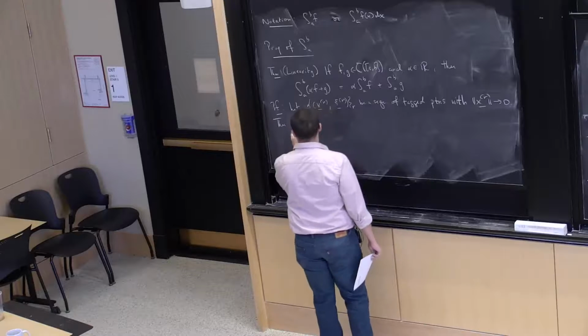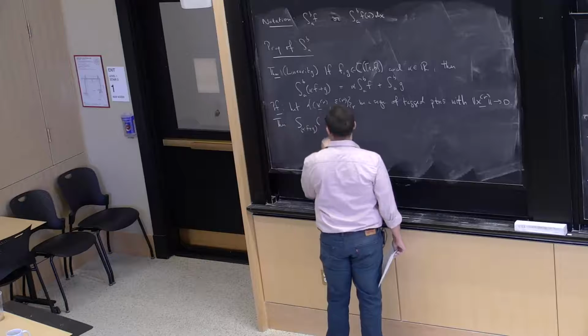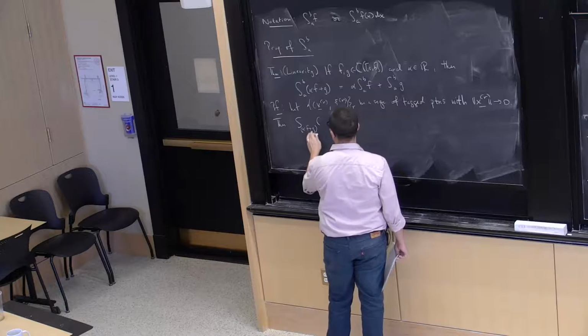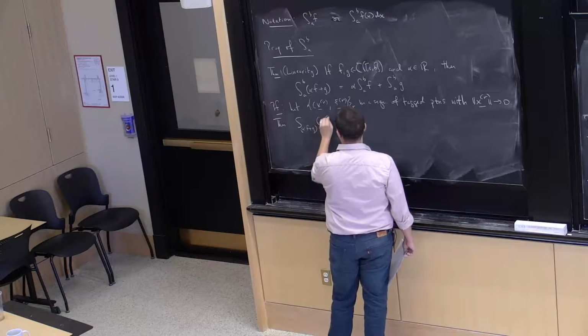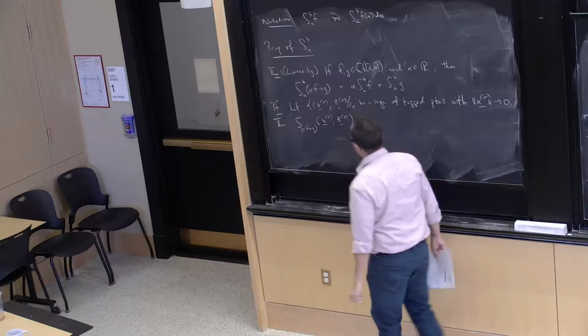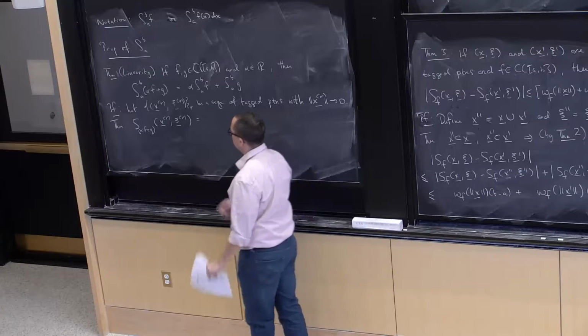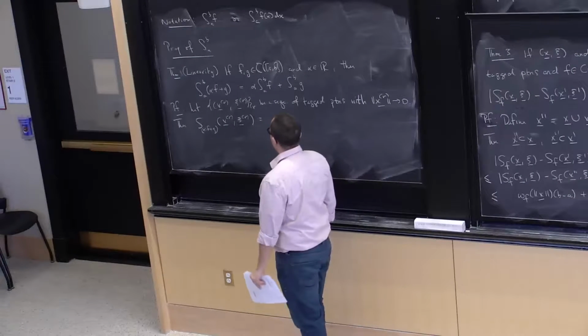Then, if I look at the Riemann sum associated to alpha f plus g, it is easy to see from the definition, right? This is a sum from k equals 1 to n.